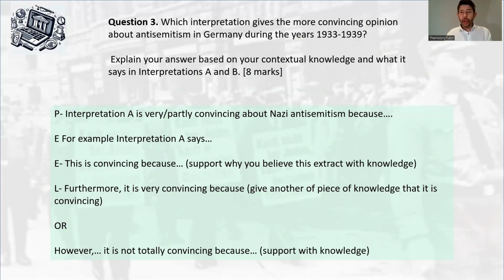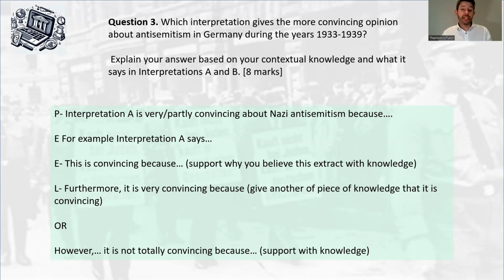Okay, so have a go at interpretation A. Decide, is it very or partly convincing about Nazi anti-Semitism? So decide, okay, it's partly convincing because the message is that everyone was anti-Semitic and Nazis made it worse. Okay, for example, it says this, pick up maybe a little summary or quote. If you've given a nice message in the opening sentence, you can maybe forget about that.